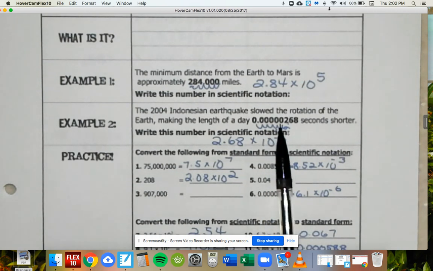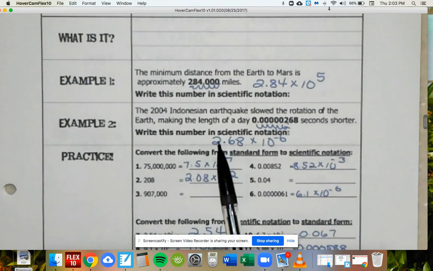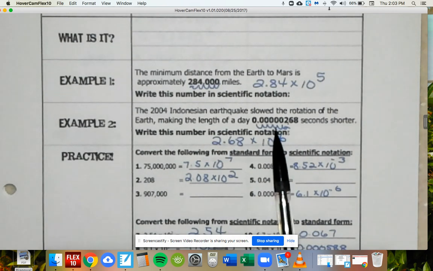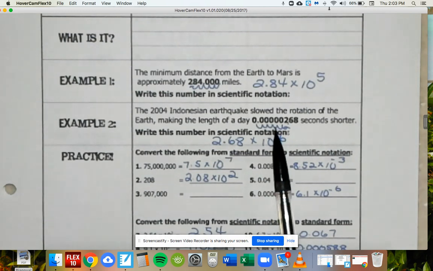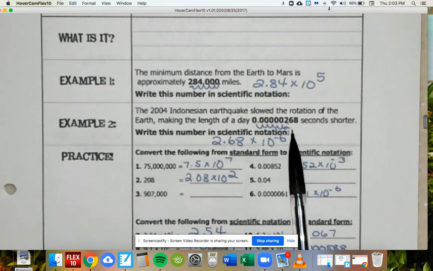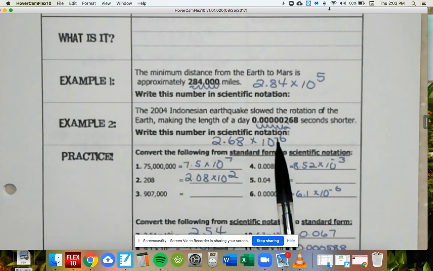Well, it would need to land here so that you had a number in the ones place and nothing larger than the ones place. So it would become 2.68. Now, again, it's counting those jumps. How many jumps did that decimal have to make? It made 6 jumps. And that becomes the exponent on the 10, except it actually is a negative 6.